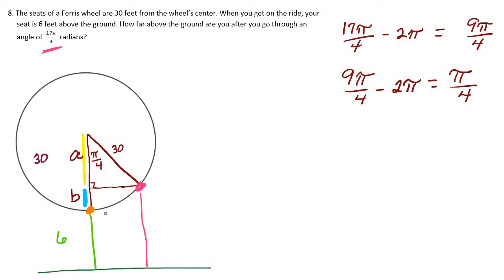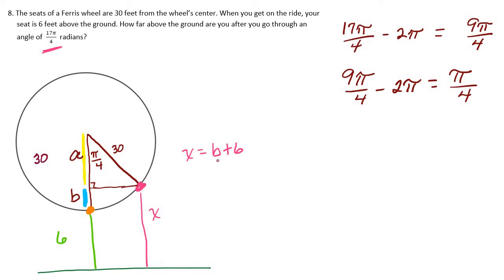This is the height. So what I need to know is the length of this pink line that I'm going to call X, but I know that this pink line X is B plus 6.